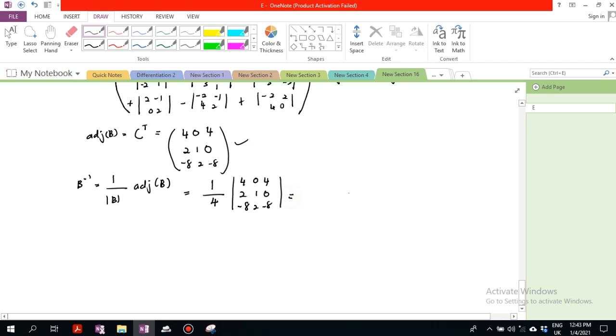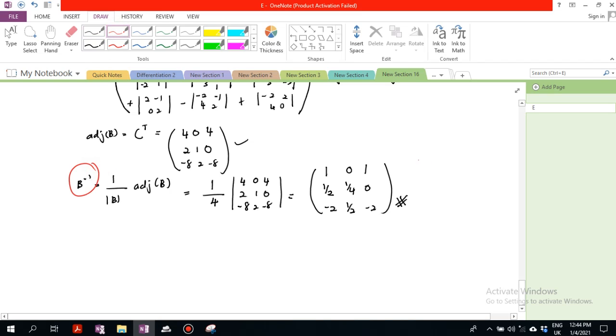So you solve this one, you will get 1 0 1, 1 over 2, 1 over 4, 0, and negative 2, 1 over 2, negative 2. So this is your final answer for B inverse.